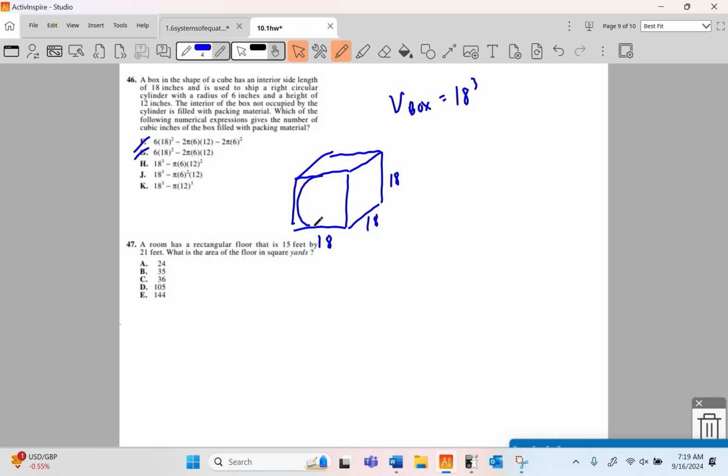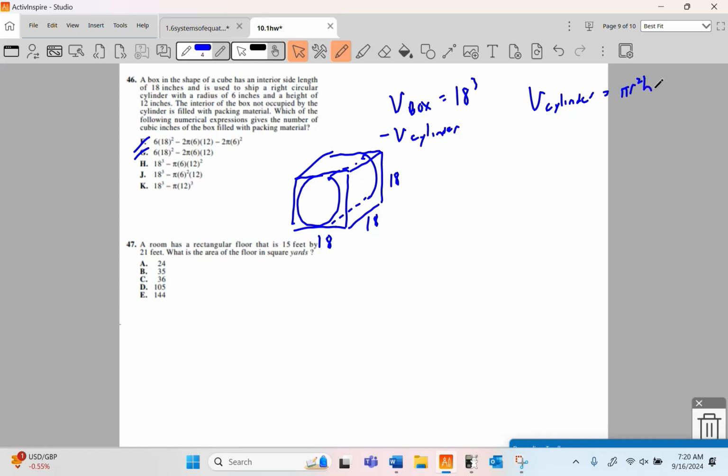And inside this box, there's a cylinder. There's my bad looking cylinder, all right? And we want to know the volume of the packaging material. So what we're going to do is take away the volume of the cylinder. And they don't give you that. Huh. Volume of the cylinder, usually they give that one. The volume of the cylinder is the base, which is pi r squared, times the height.